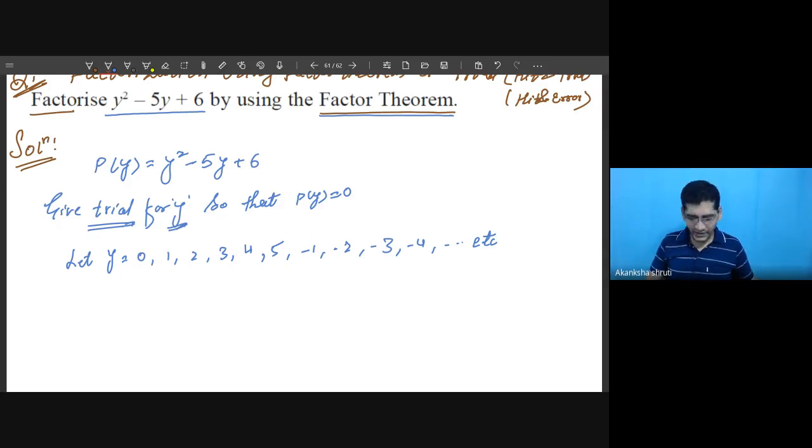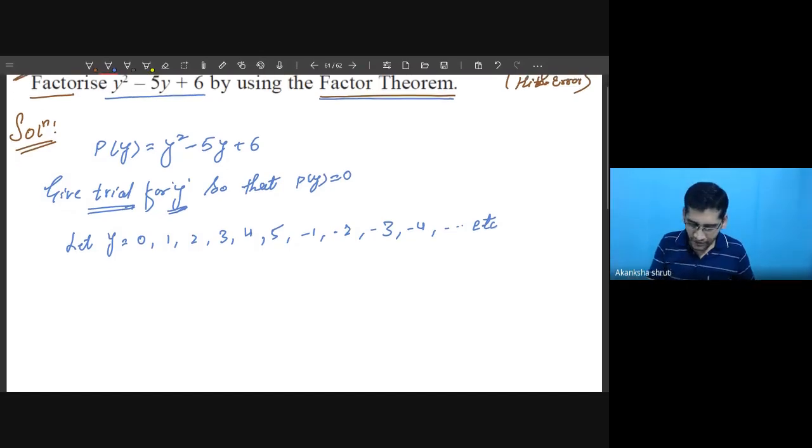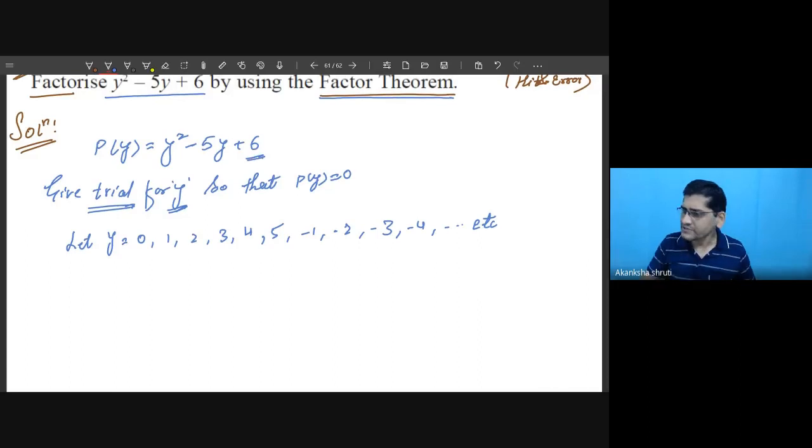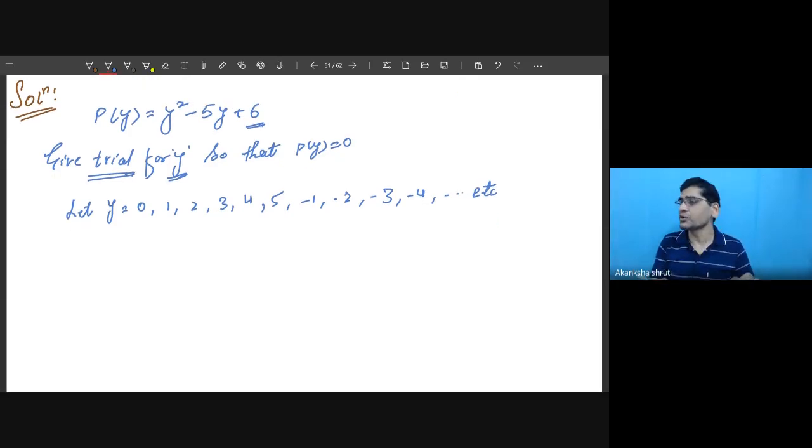For that we are using a shortcut, or a trick: whatever this c is, you first factorize it, then whatever the possible factors are, you try with those values only.